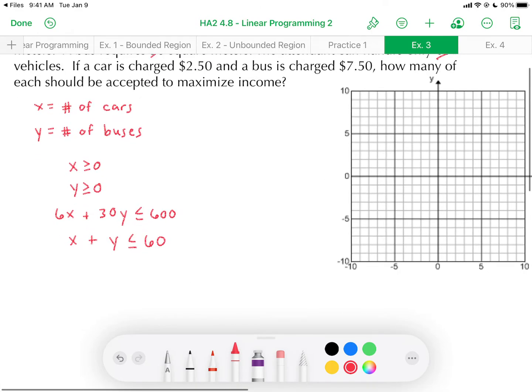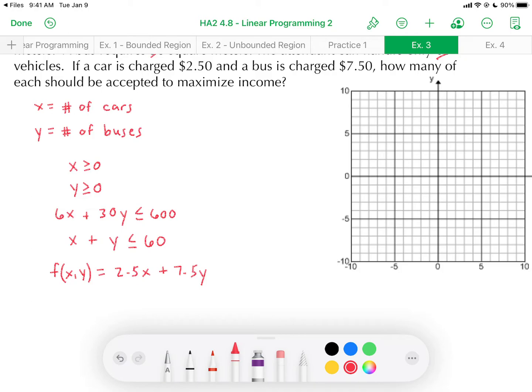So my objective function here, I'm going to say f of x, y equals 2.5x plus 7.5y. $2.50 for every car, added with $7.50 for every bus. That's combined going to give me my total income, my z value.